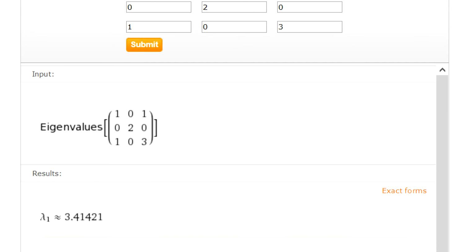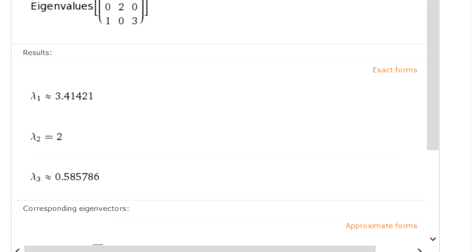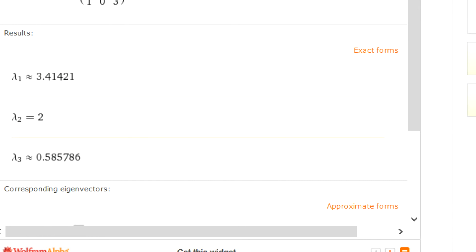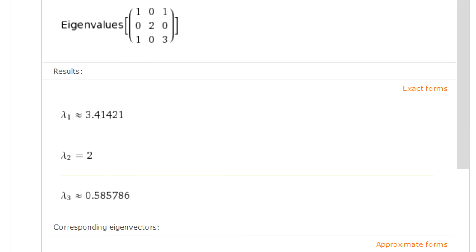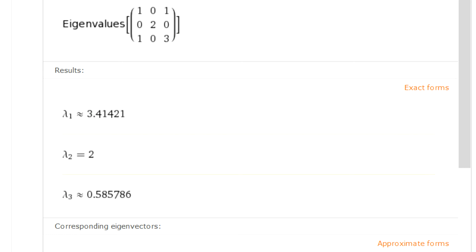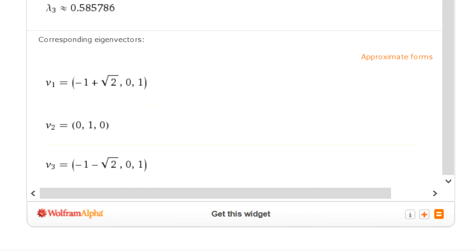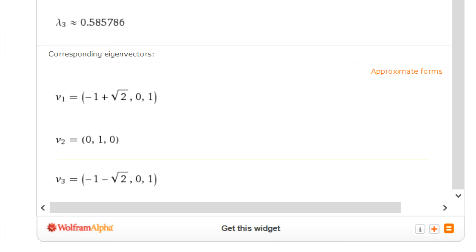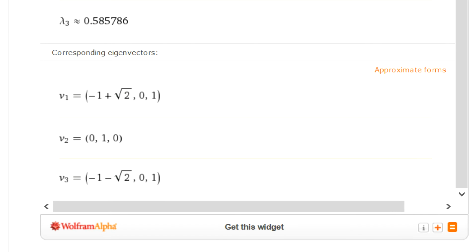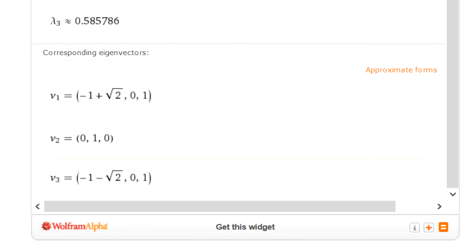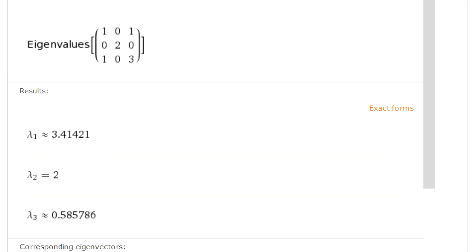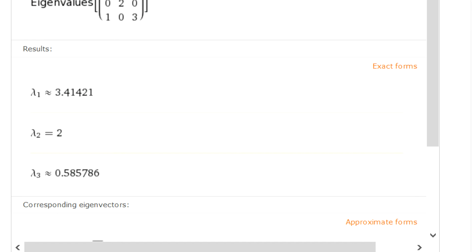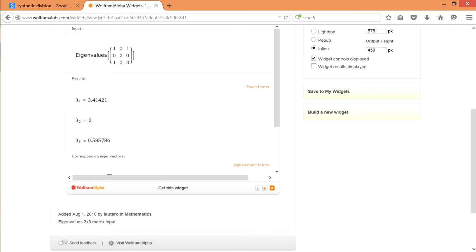If I were to go to the results, these are my eigenvalues, and the corresponding eigenvector for the eigenvalue 2 is actually 0 1 0. So I'm going to show you how we get 0 1 0 in this weird sort of vector system. Alright, so let's zoom out and continue.